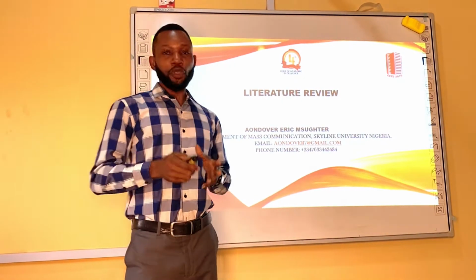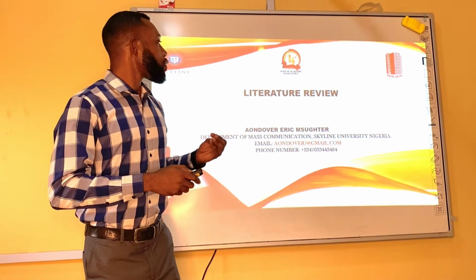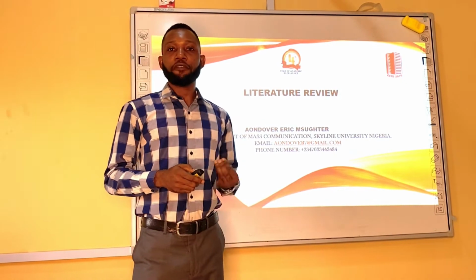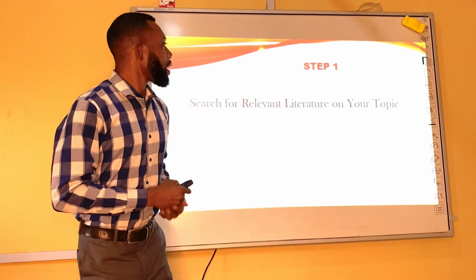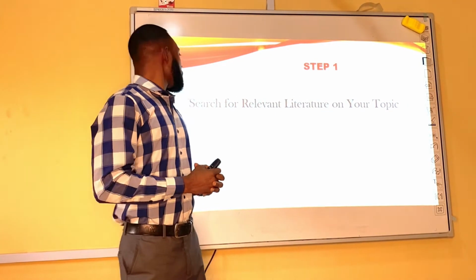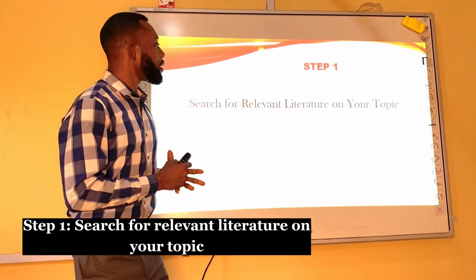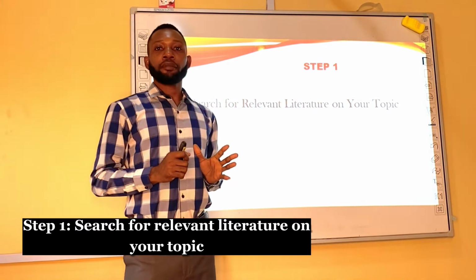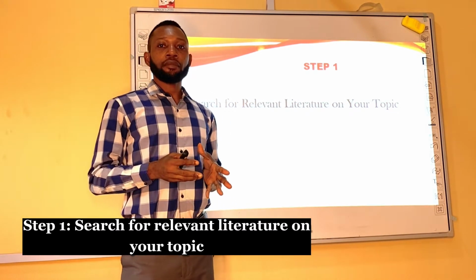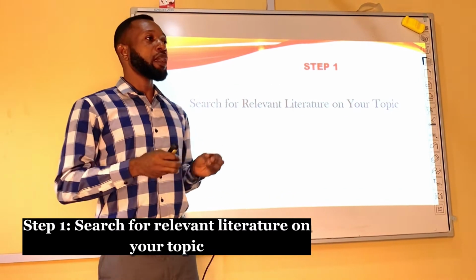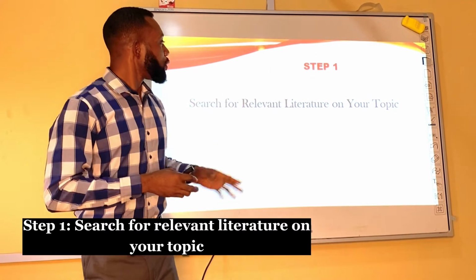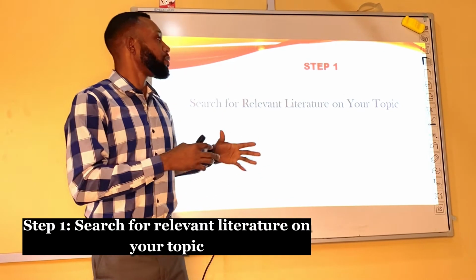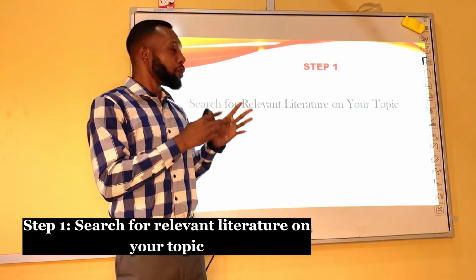And it is on this note that we are going to look at some of the steps that are involved in conducting a literature review. Now, the first step, search for relevant literature on your topic. Now, as a researcher, after you might have identified a problem that you want to solve, then you need literature that can address that particular problem.